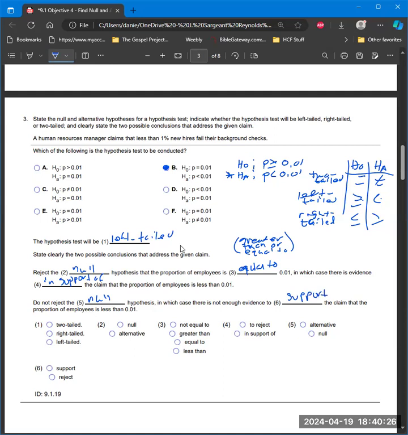So left-tailed, null, again, equal to. I'm going to say that this should be greater than or equal to, in support of. This was null, this was support.